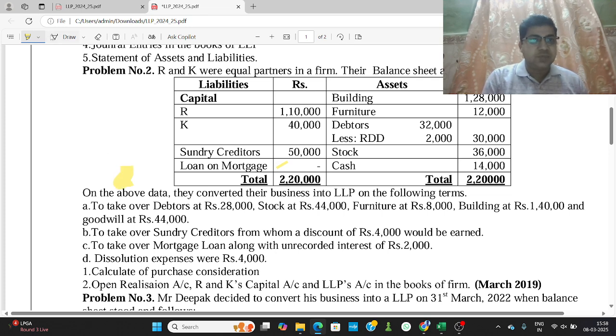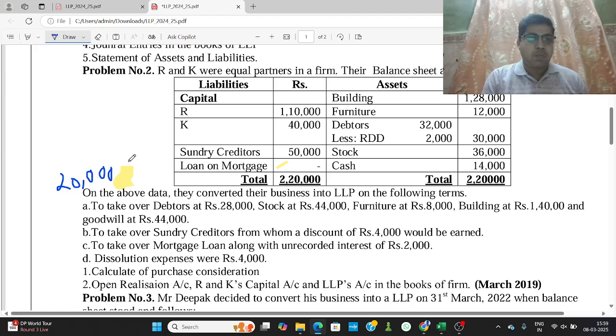Clear? Mortgage 20,000. This particular value you should keep as 20,000 loan from mortgage, and keep that in mind.